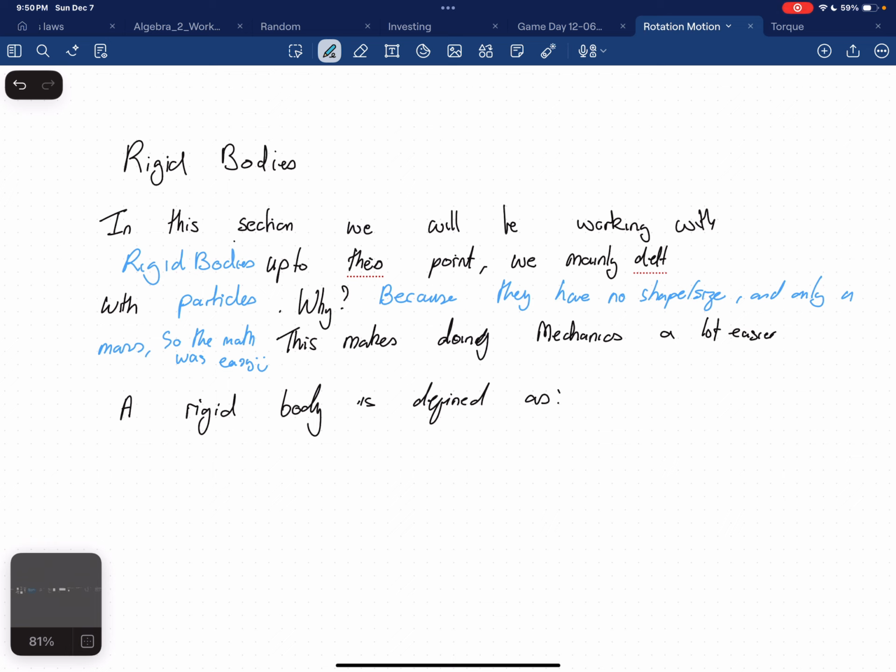Now, when talking about rotational mechanics, we're going to deal with rigid bodies, and this is where we actually consider an object's shape and size in our dynamic equations.